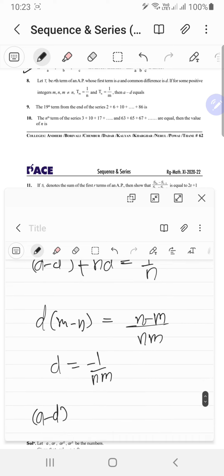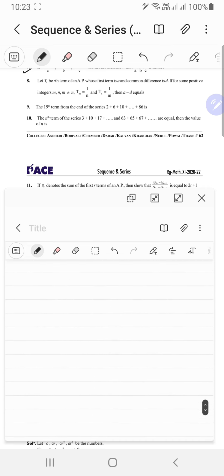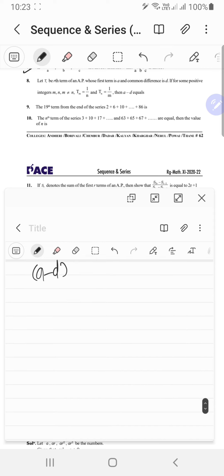Let's just prove that any series can be made from these two conditions. Let's say t2 is 1 upon 2 and t4 is 1 upon 4, and from these two conditions themselves I can make the whole series.